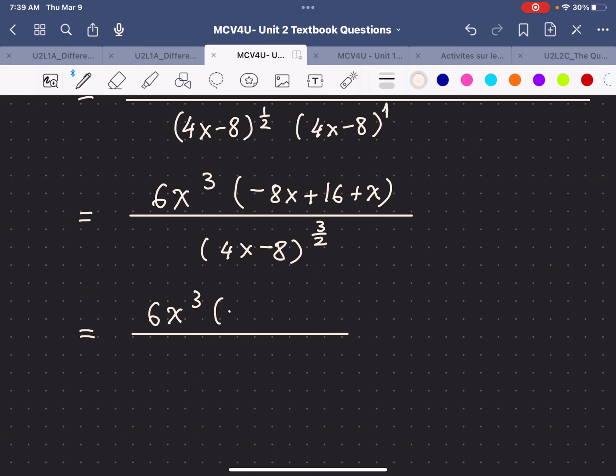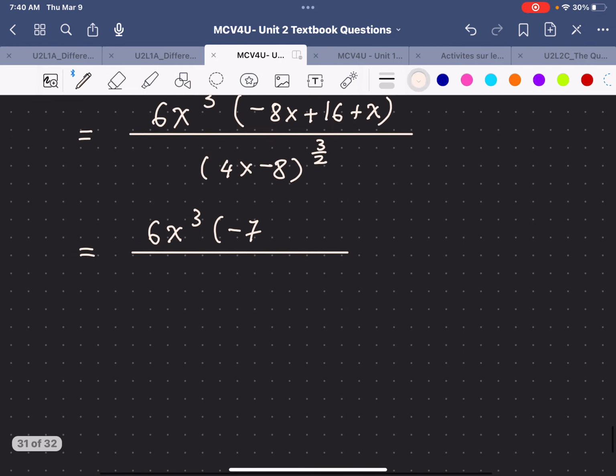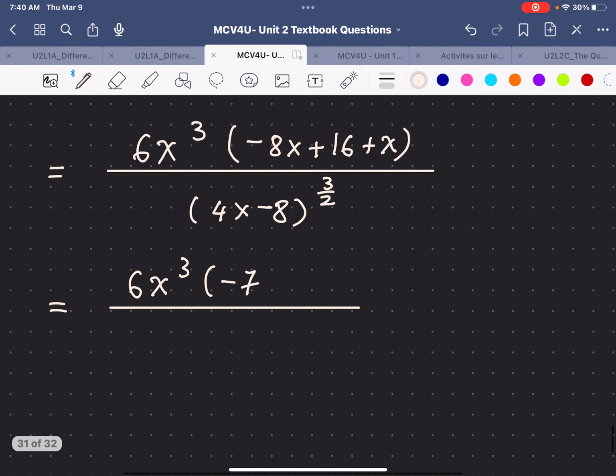But you could easily see how these two numbers will simplify. So we have plus 16.